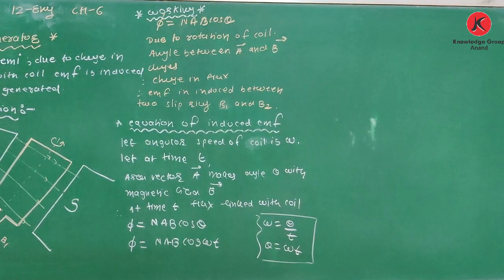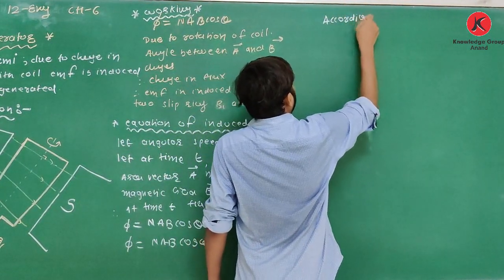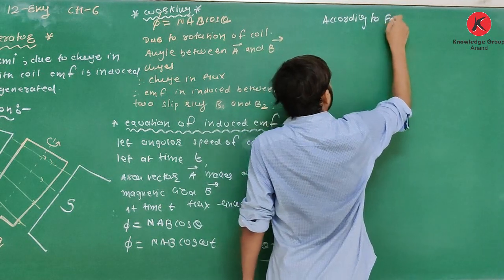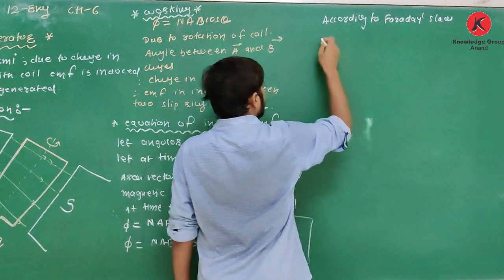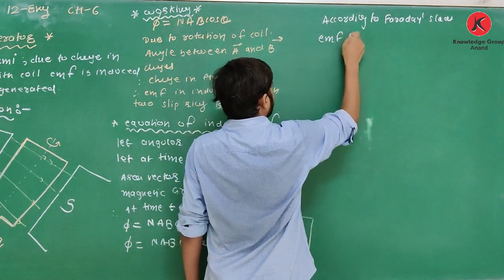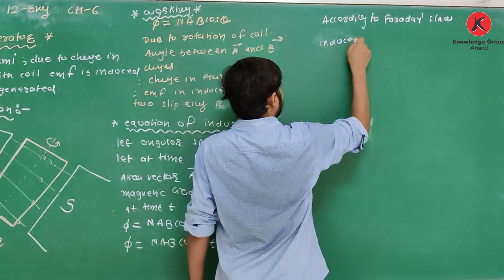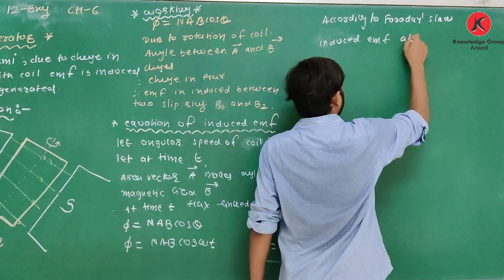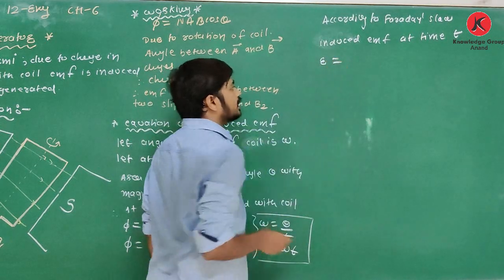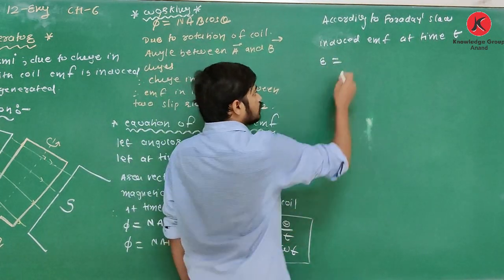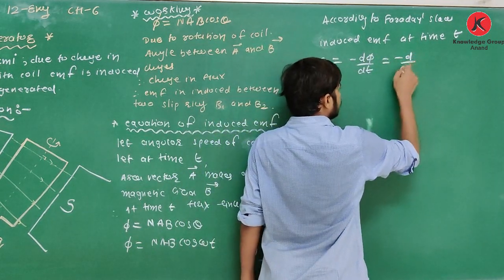According to Faraday's law, the induced EMF at time t, E is equal to minus d phi upon dt.